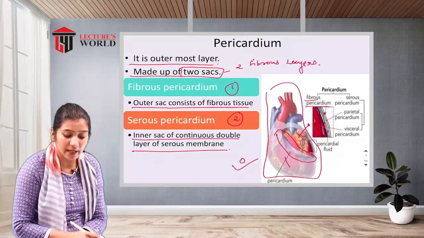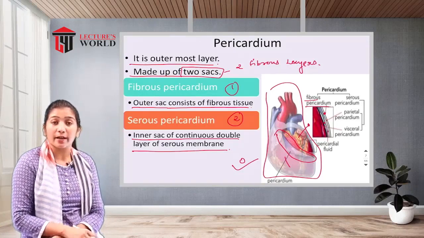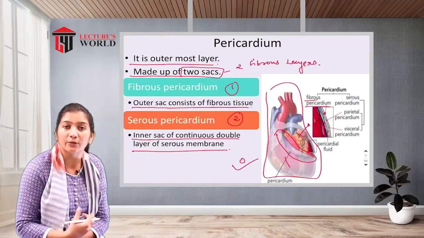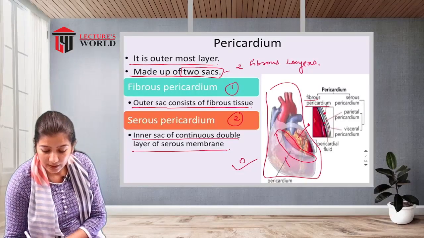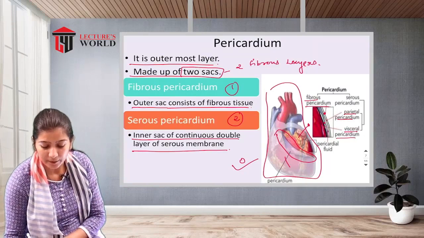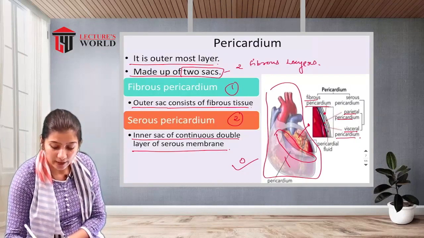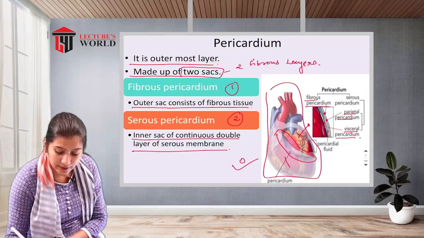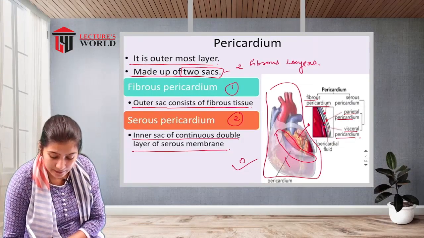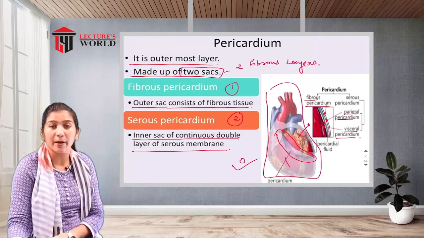Now the serous pericardium is the inner sac of the continuous double layer of the serous membrane, which is divided into two types, that is the parietal pericardium and the visceral pericardium. There are two layers here, the parietal pericardium, and here the visceral pericardium.